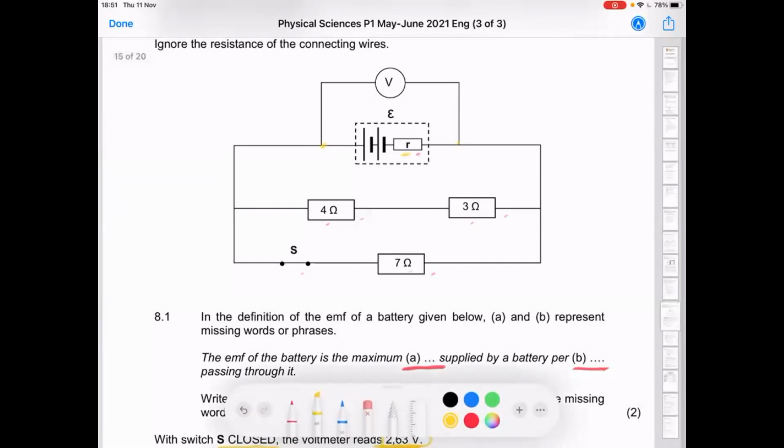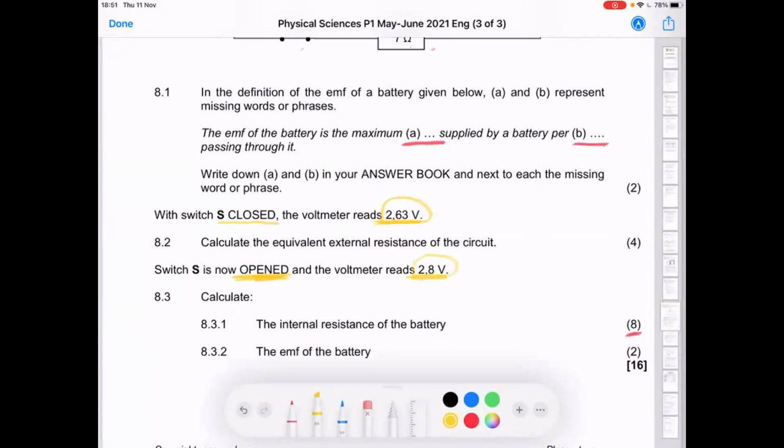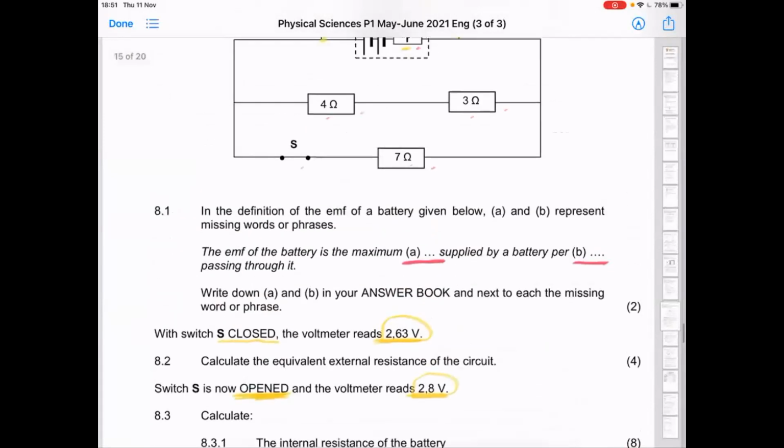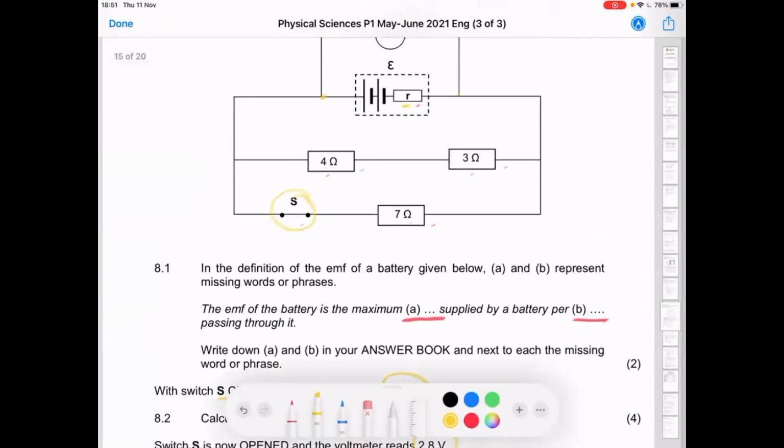But they also give us more information. They tell us that when the switch S is opened, the voltmeter reads 2.8 volts. If we look here, when this switch is opened, it means that this 7 ohm resistor is not a part of the circuit.